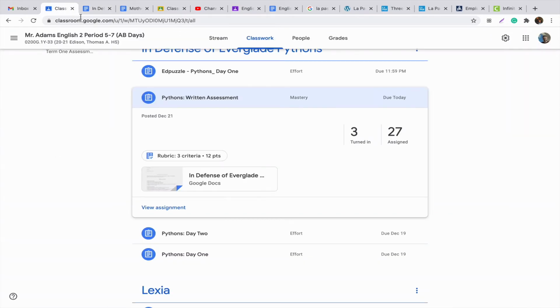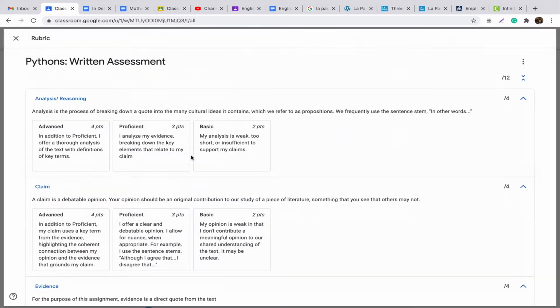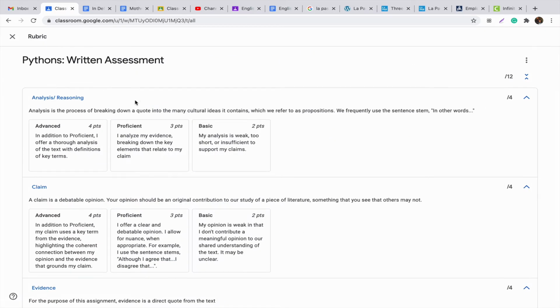To add some sophistication, I can also look at the rubric and add to my criteria. Python's written assessment, rubric, analysis. Analysis is the process of breaking down a quote into many cultural ideas it contains, which we refer to as propositions.